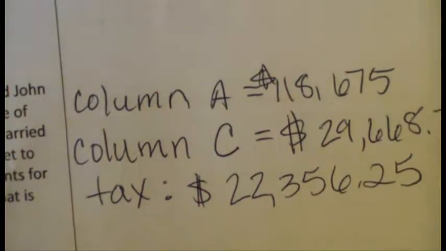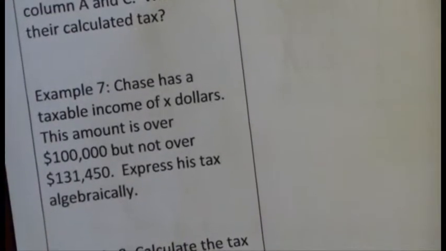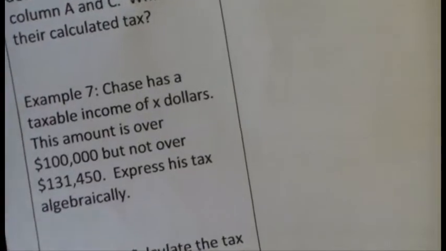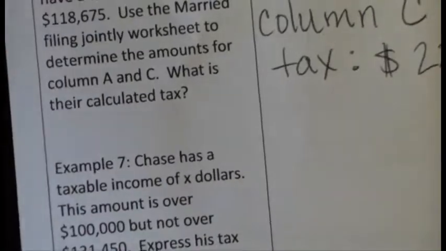All right, Chase has a taxable income of X dollars. This is example 7. This amount is over $100,000, but not over $131,450. Express his tax algebraically. So we're going to write an equation, and we're going to use our table from examples 5 and 6 to do that.